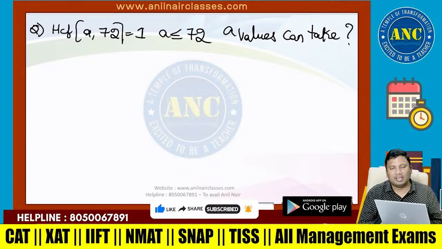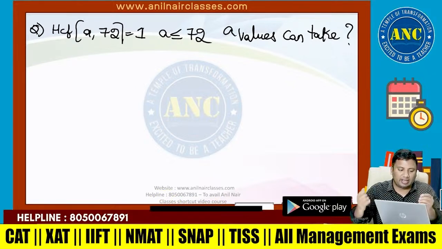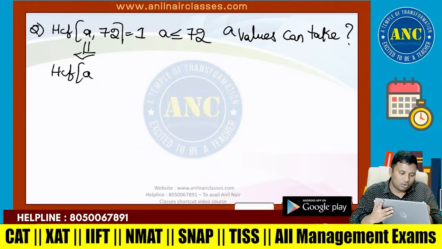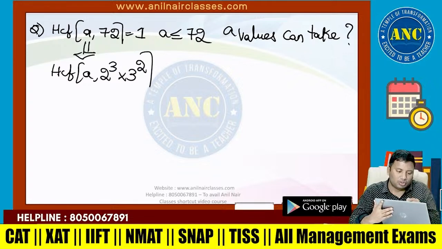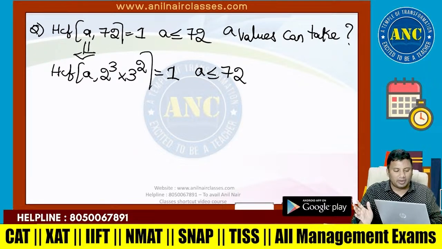This is nothing but 72 is 2 cube into 3 square. HCF of A and 2 cube into 3 square equivalent to 1, A less than or equivalent to 72. Am I right?